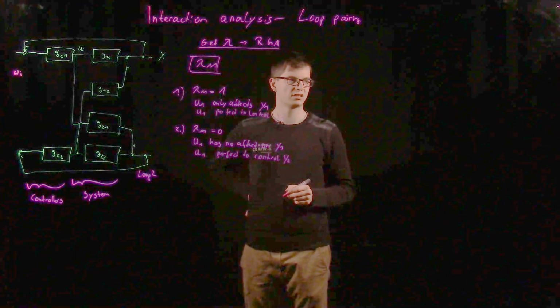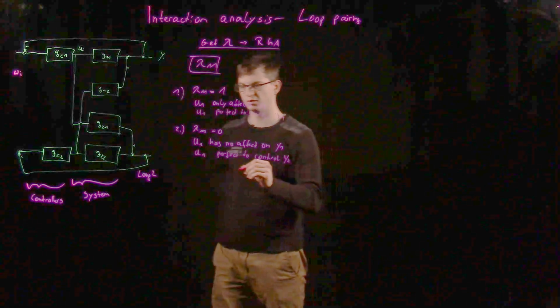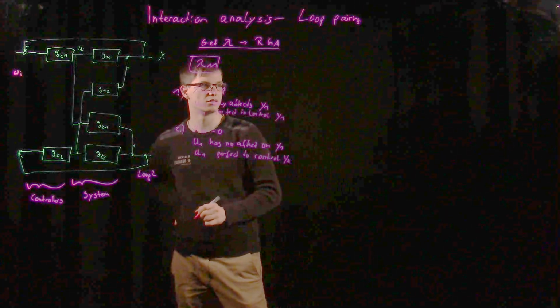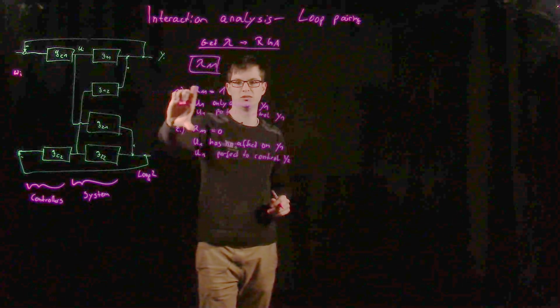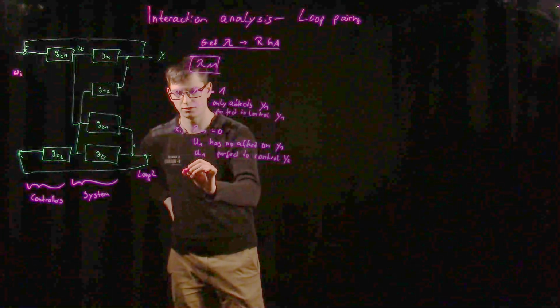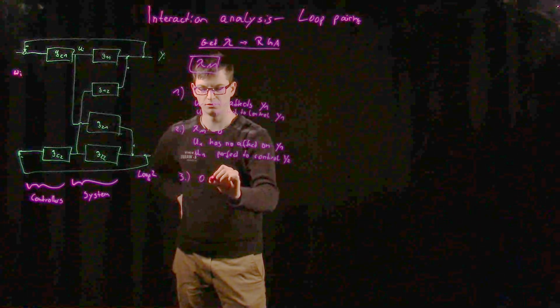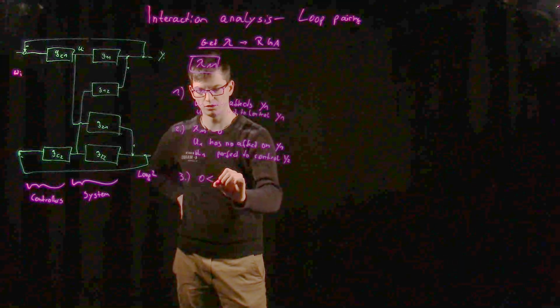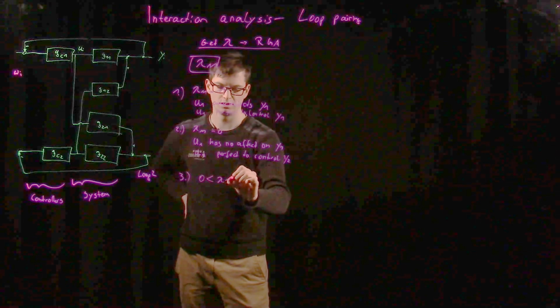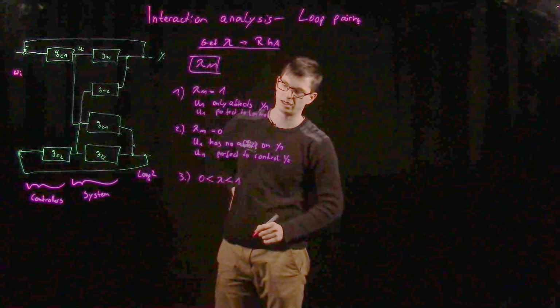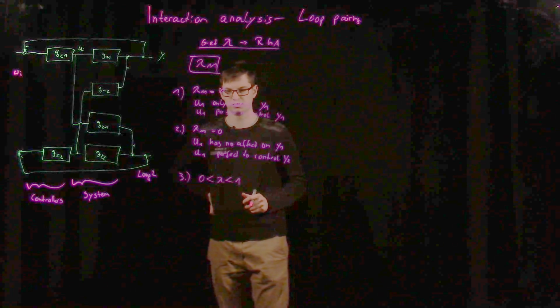In the third example, it's a bit more difficult, because now we assume that it's actually between those values. So in the third example, we say 0 is smaller than lambda, and lambda is smaller than 1. And then there are two possible ways.